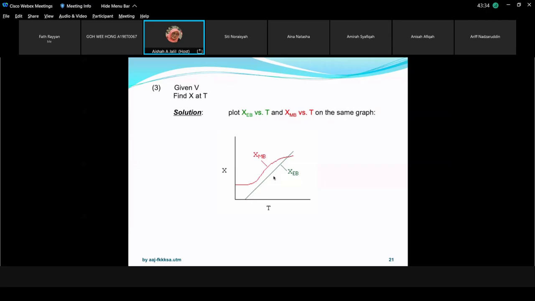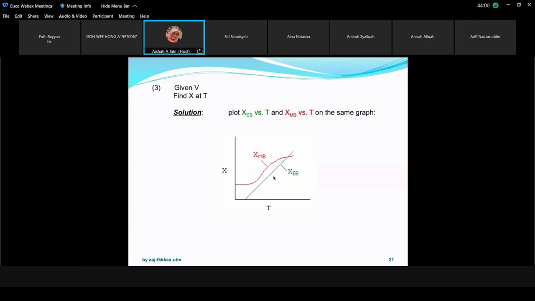Okay, and then you combine, for the second box, V equal FA0 X over negative RA. You put the negative RA as K CA0 times 1 minus X. And then the problem may be on the left hand side or the right hand side.